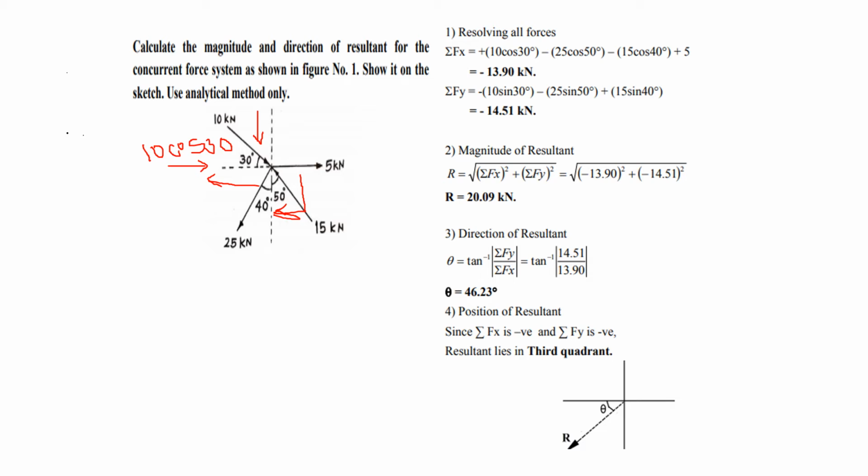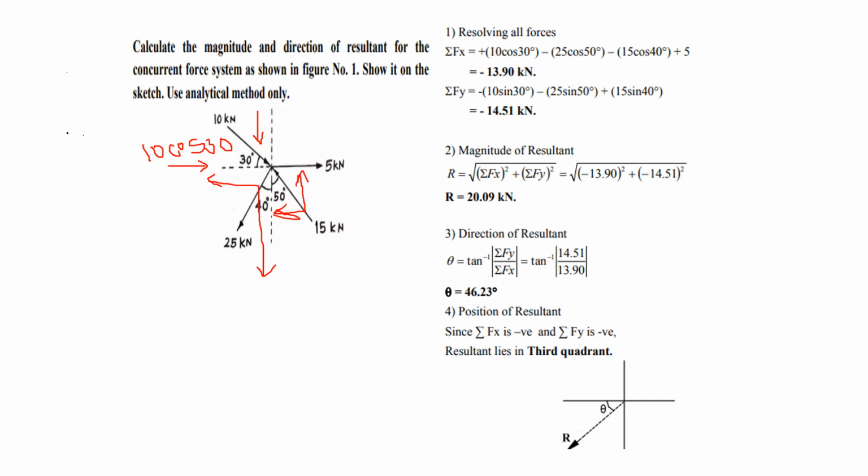Minus 10 sin 30 minus 25 sin 30, as this 25 is downward, and this 15 is upward, so it will be positive, 15 sin 40. After putting the values in the calculator, we get summation Fy as minus 14.51 kilonewton.